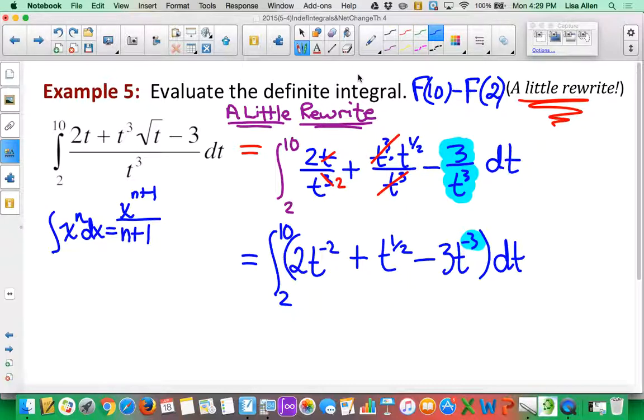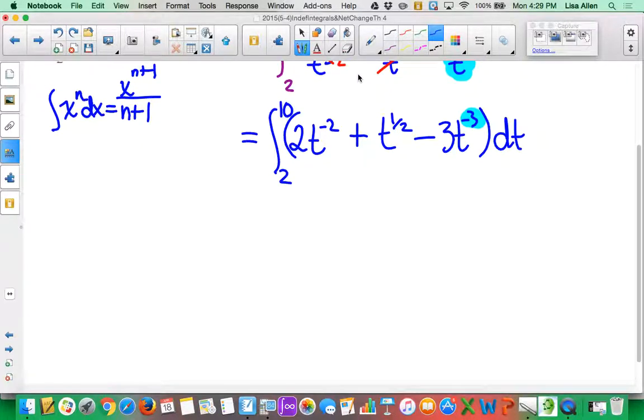Okay, now this is a definite integral. So, here we go. We end up with 2. Now remember, we're just going to keep the constant, and we're not going to split up the integral this time. We're going to keep everything together in one integral.